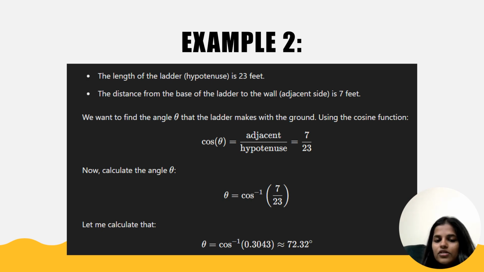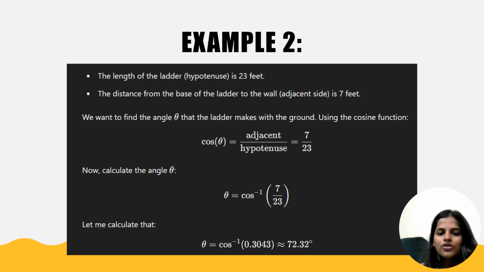Here again we are going to use cosine, and we know the values of the adjacent side and hypotenuse, so it's easy to find theta. That's how we can solve real-life problems by imagining and visualizing which theta and which sides are given to us.